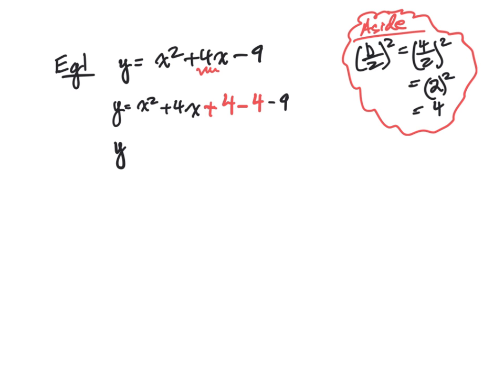So now you end up with y is equal to x squared plus 4x plus 4. Remember, I said we had to factor the first bracket. So we put the first three terms in a bracket, then we go and factor it. Then we still have what's left over, this minus 4 and this minus 9.